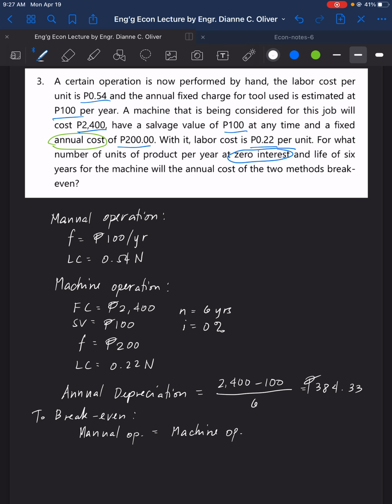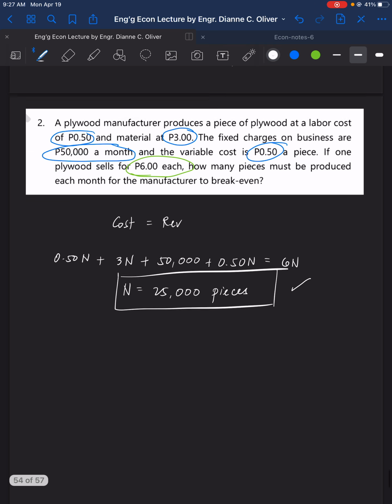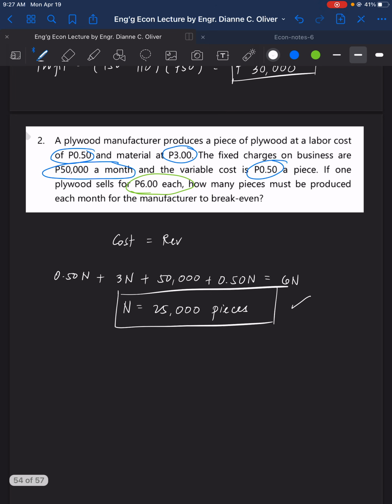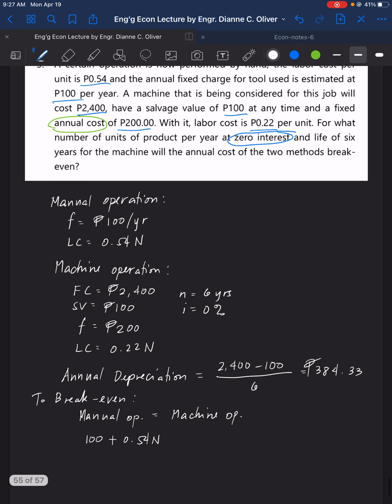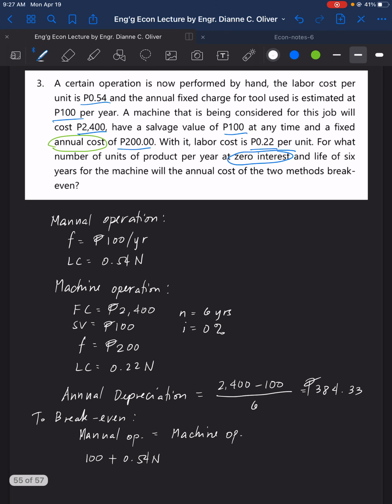So for the manual operation, we have 100 plus 0.54 N. Meaning the value of N that we will obtain here is the yearly quantity. So versus what we have computed here, this is monthly production. So this is monthly because we are using monthly here. Here we have yearly production.